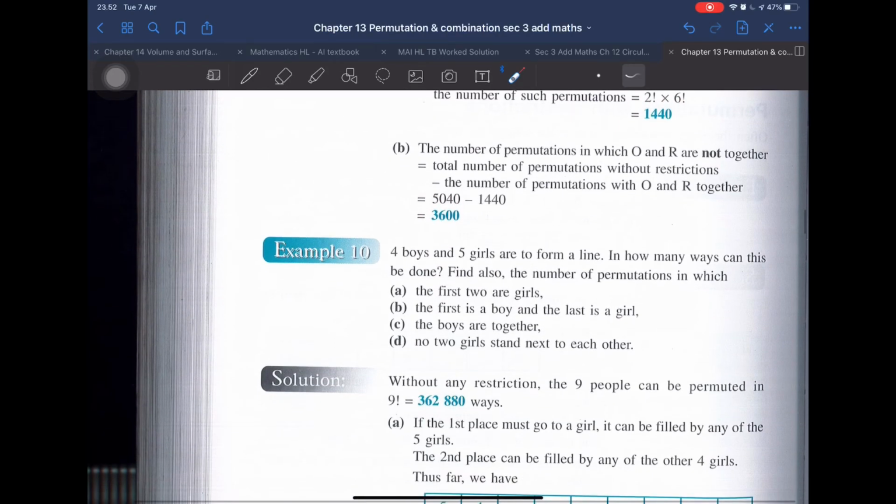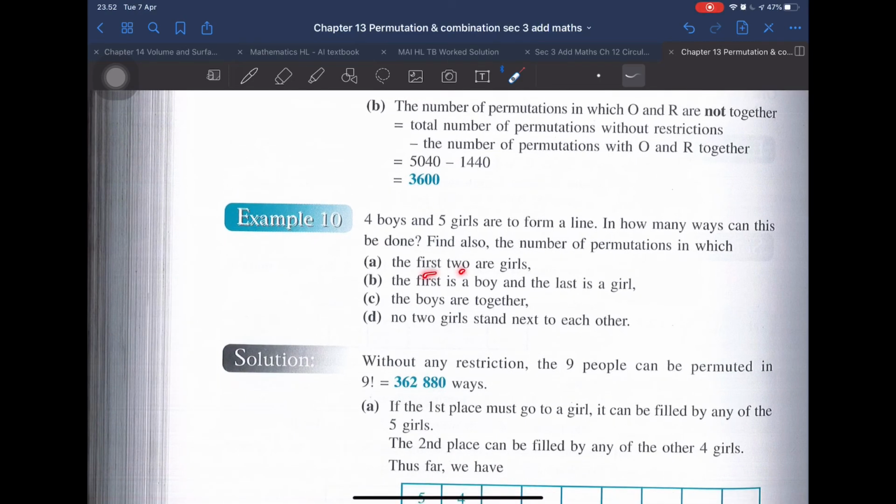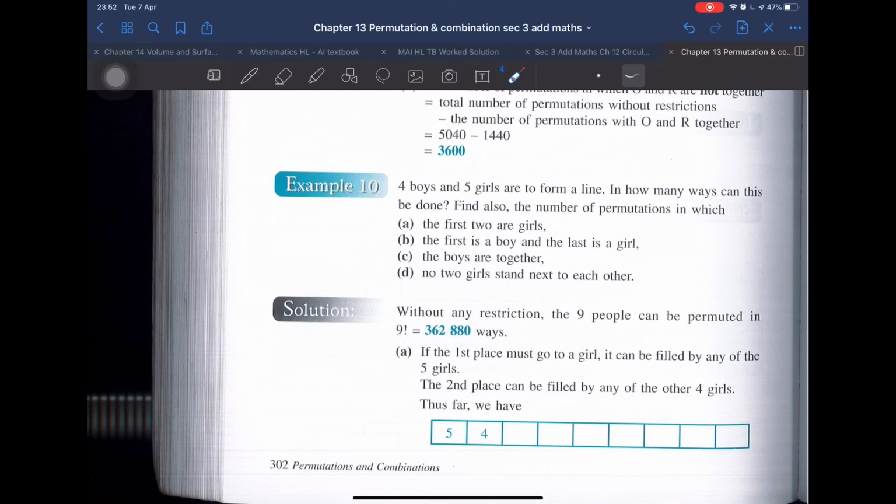Now, 4 boys and 5 girls forming a line. The first 2 are girls. How many people are there in total? 9 in all, and there are this many ways to arrange them. But the first 2 are girls. So how many possibilities to arrange the girls? 5.